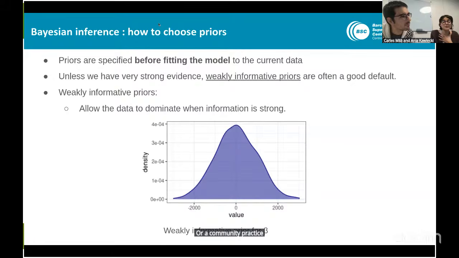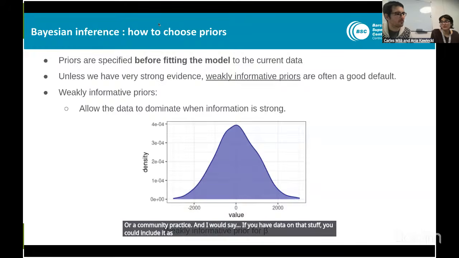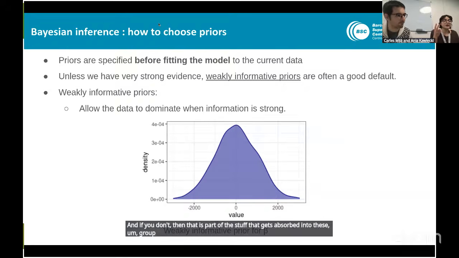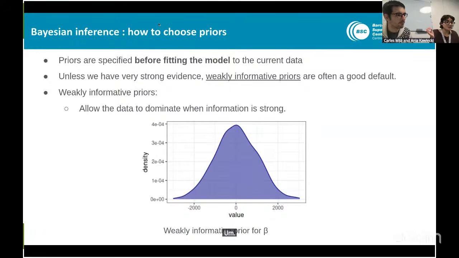I would say if you have data on that, you could include it as a predictor in your model. And if you don't, then that gets absorbed into these group level terms that are accounting for variability that you don't know exactly where it comes from.